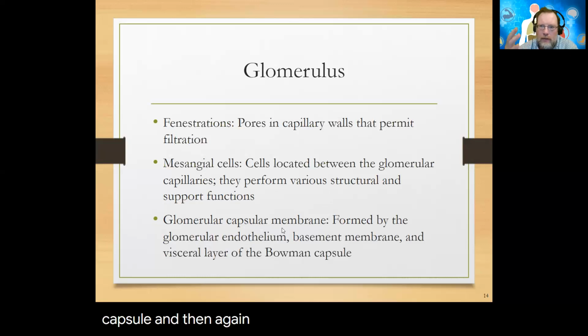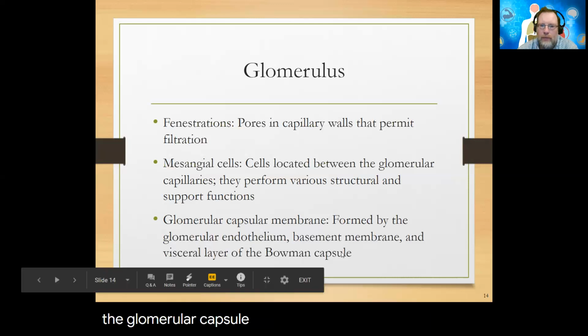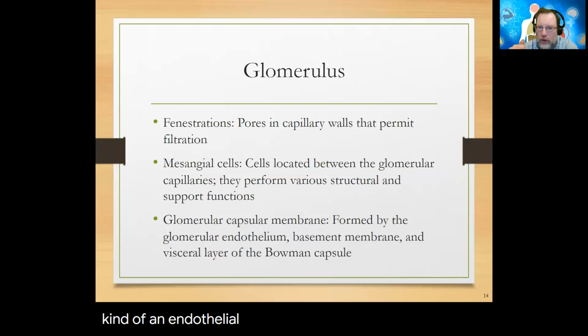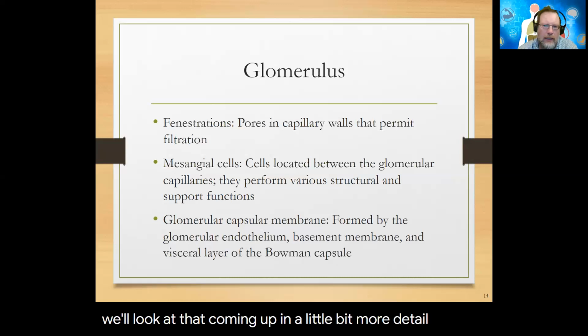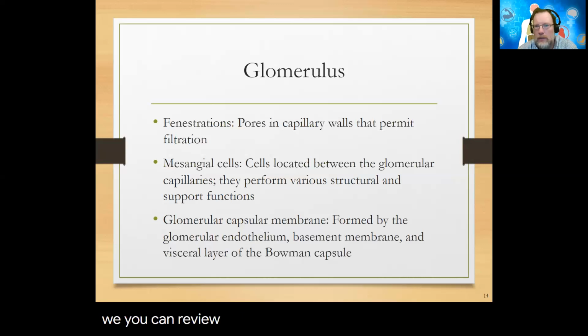And then again, we have the glomerulus or the capillary, some supporting cells in the space between the capillary and the glomerulus, and the Bowman's capsule or the glomerular capsule. Again, we're going to see kind of an endothelial membrane, a basement membrane, and then a visceral layer forming this Bowman's capsule. So we'll look at that coming up in a little bit more detail. Again, you can review this.